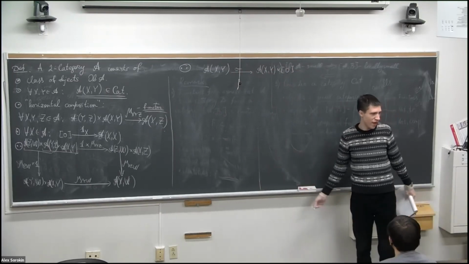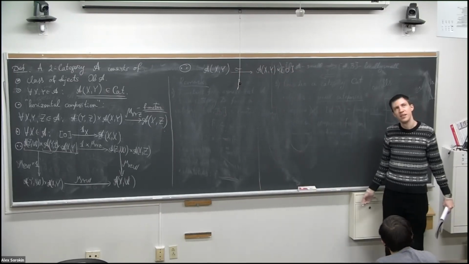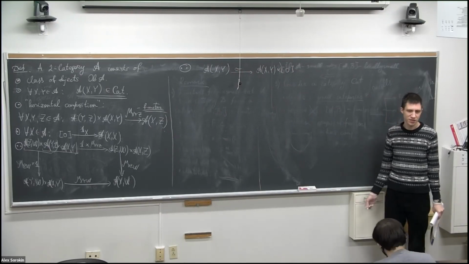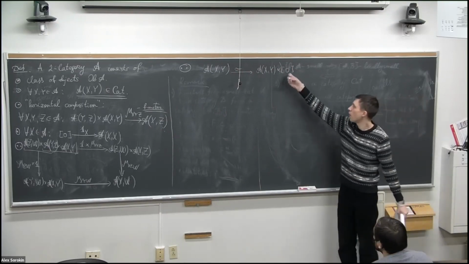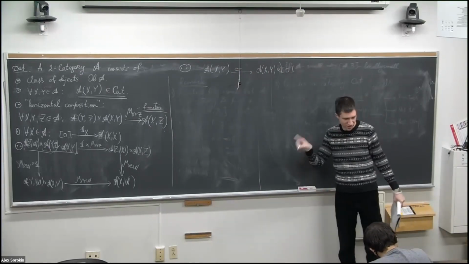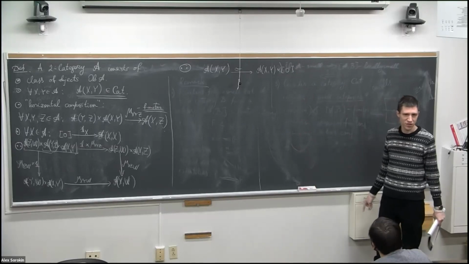So adding a fake component to every object doesn't change anything. It's one dot with one arrow in it. So we can just add a fake label to every object and to every arrow, nothing changed.